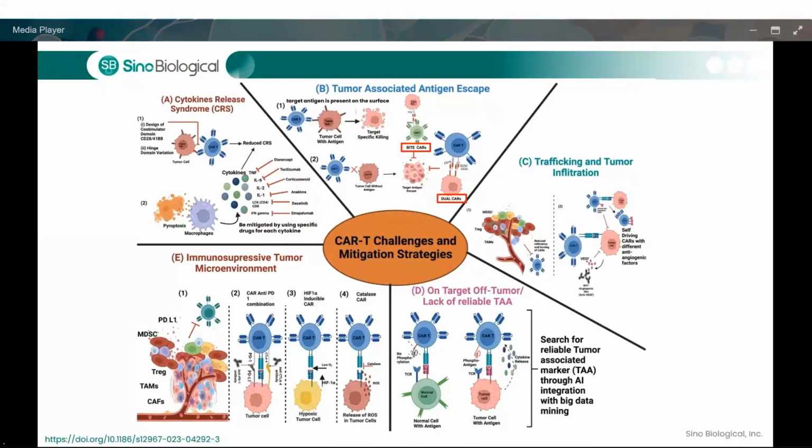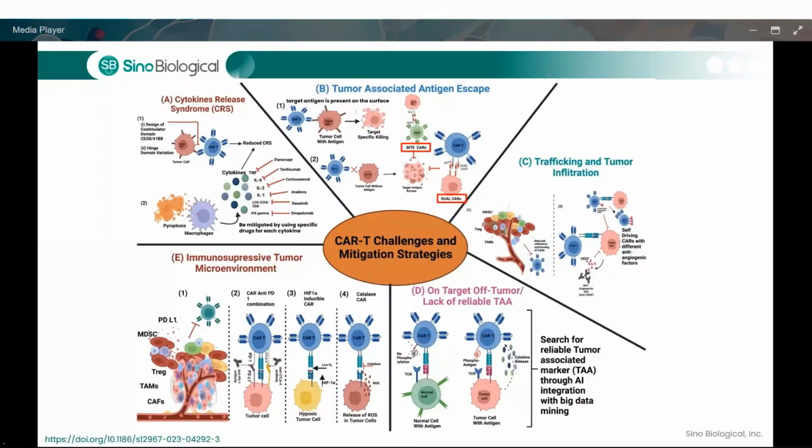As we know, CAR T cells mediate target cell apoptosis when the target antigen is present on the surface. Tumor antigen escape occurs in the absence of the surface antigen, and a potential strategy to overcome this is to use dual CARs or bicars.